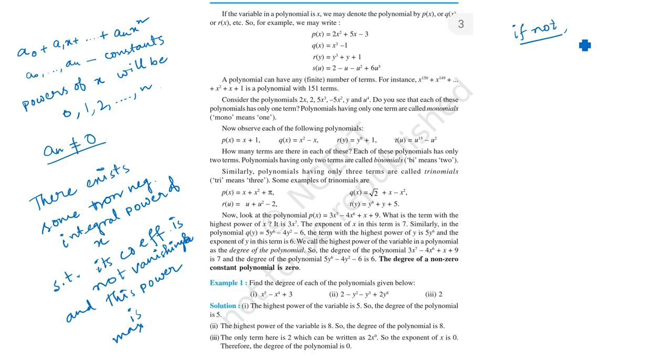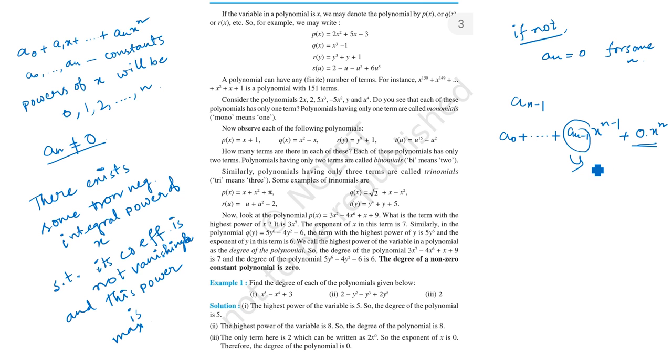If not, then what will happen? Suppose an equals 0 for some n. Then the coefficient of x to the power n minus 1 will be an minus 1, so our polynomial will be of the form a0 plus dot dot dot plus an minus 1 x to the power n minus 1, because 0 into x to the power n is of no use.